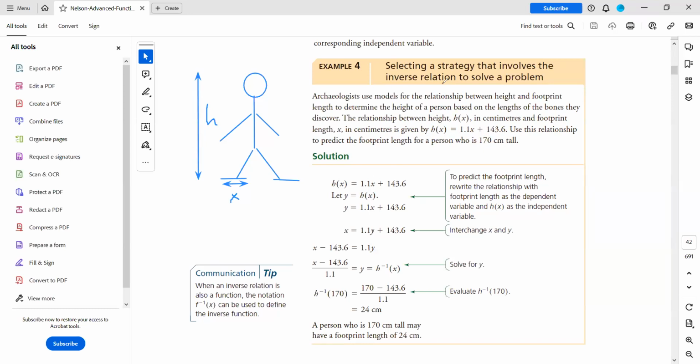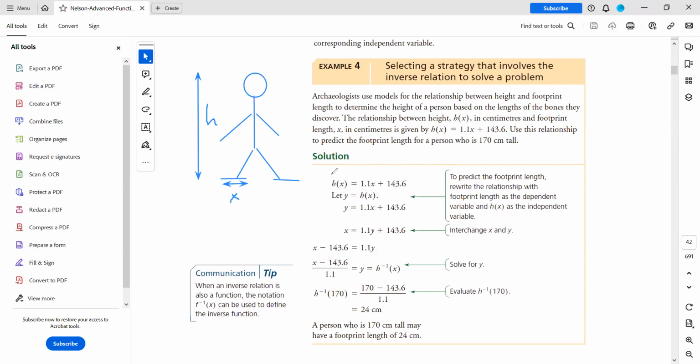So again, this is an example where you are given the value of the dependent variable, the height of a person, and we have to predict what the footprint length should be for the person that has a height of 170 centimeters. Let's use this formula. To predict the footprint length, we have to find the inverse function.